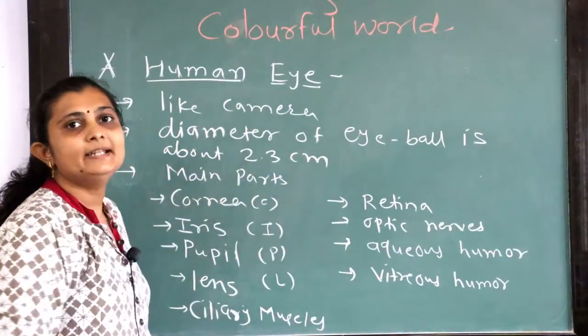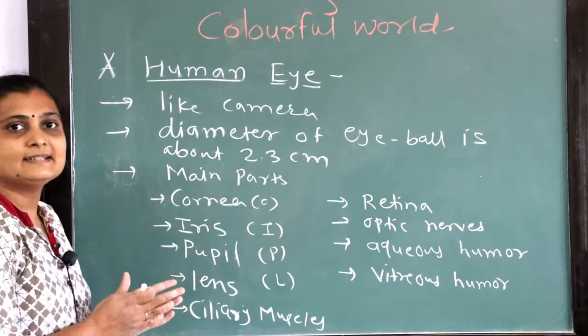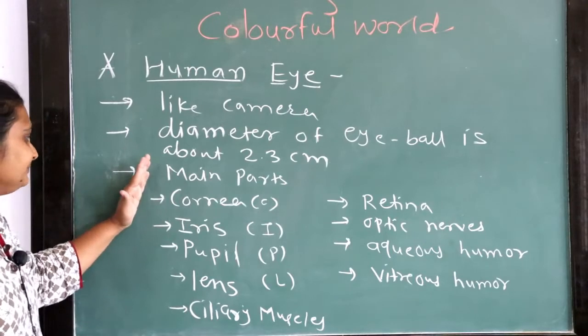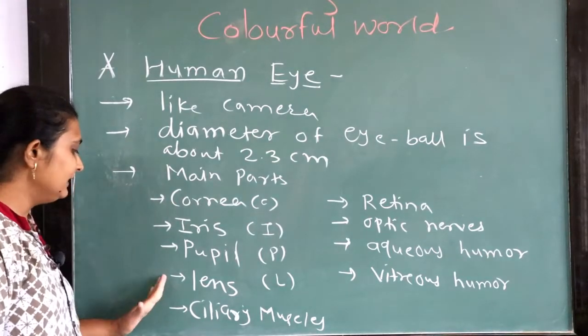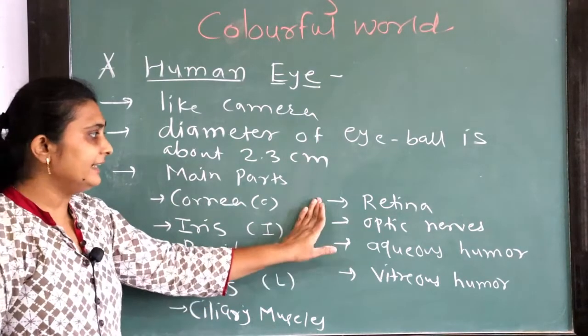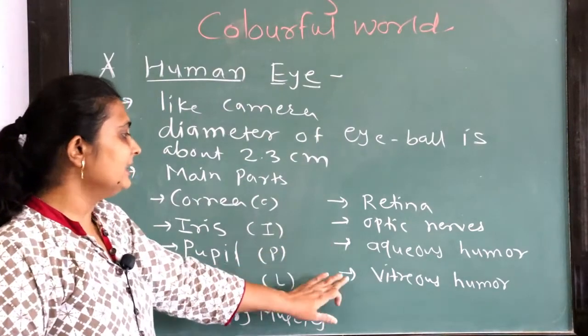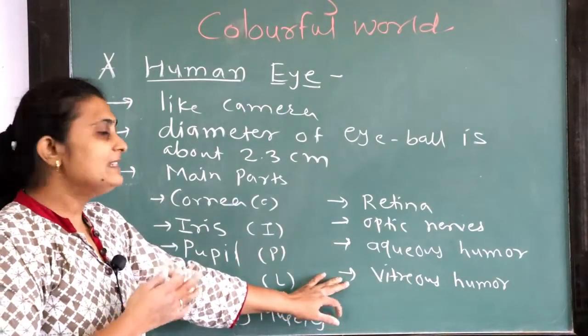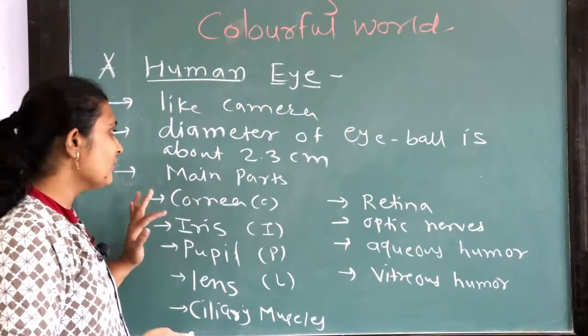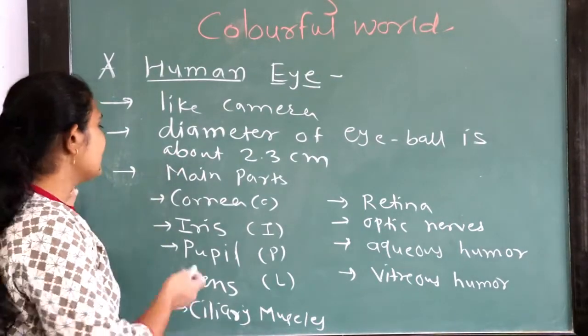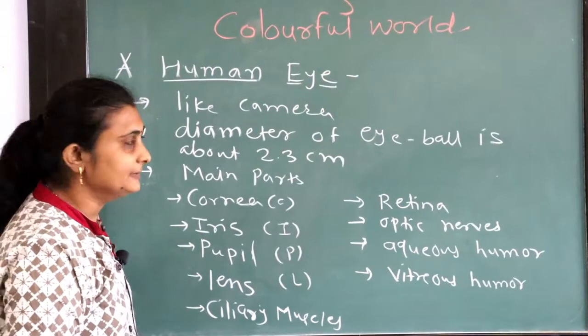These are the main parts from which the eye is made: cornea, iris, pupil, lens, ciliary muscles, retina, optic nerves, aqueous humor and vitreous humor. We will see the function of all these parts one by one. First of all we see about the cornea.